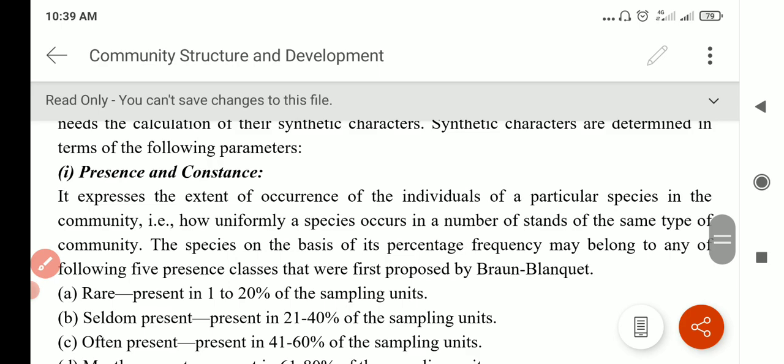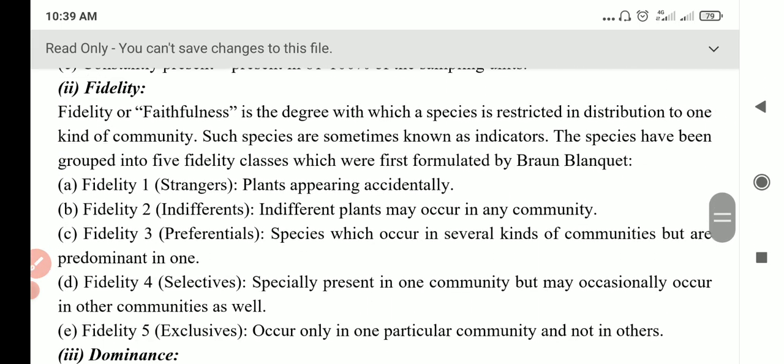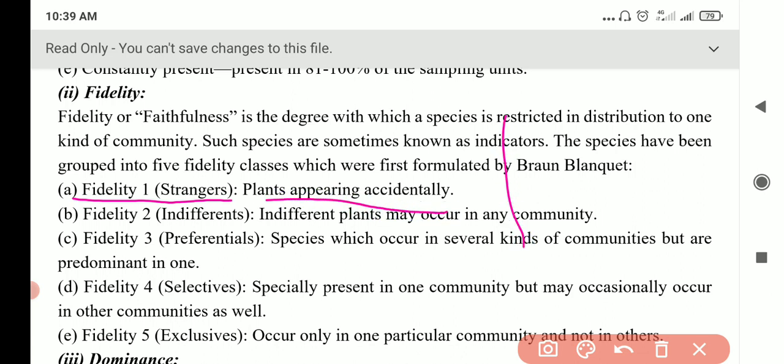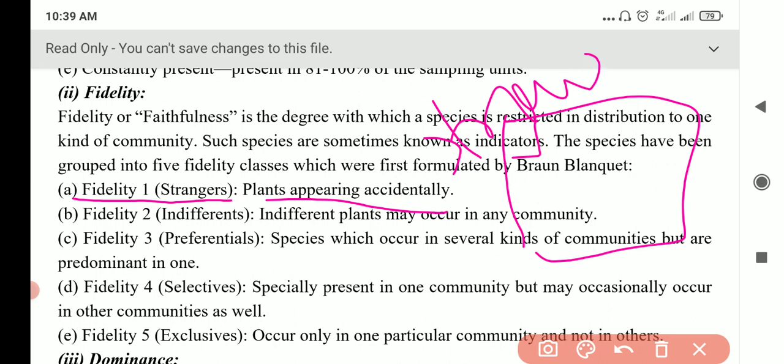Yes, presence and constants. Okay, the same scientist gave us the fidelity. He says that fidelity 1, or strangers, are plants that appear accidentally. Like, for example, in that grassland community I said there was one strawberry. Obviously, isn't that accidental?